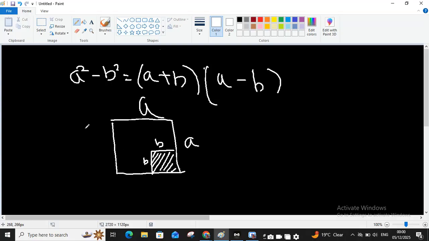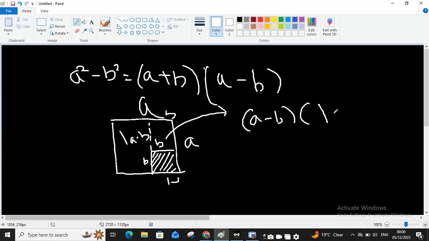I have to find the area of the remaining part. This part is a minus b, and this part is b, so this portion's area will be (a minus b) times b.